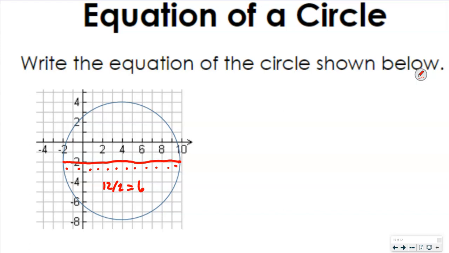That means if we go 1, 2, 3, 4, 5, 6, that's where my center is going to be. Again, I can count down 1, 2, 3, 4, 5, 6, same place up there. So that means our center is going to be at 4, negative 2, right? And our radius here is 6, right?